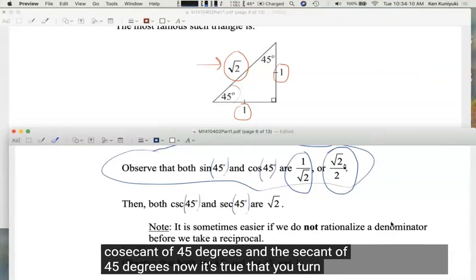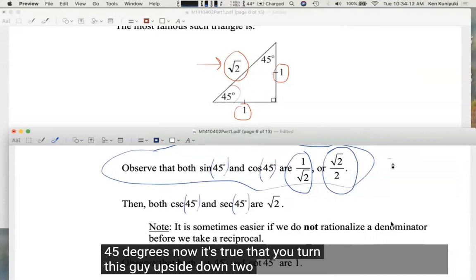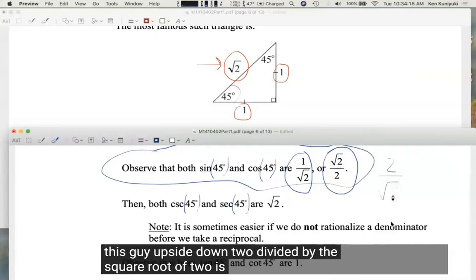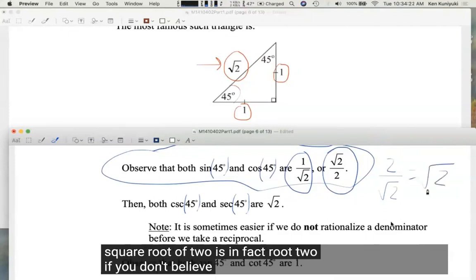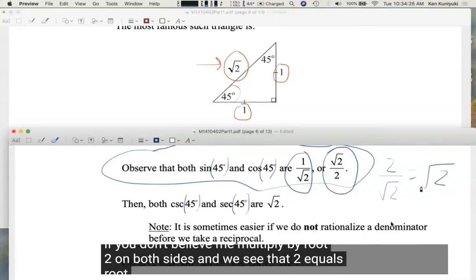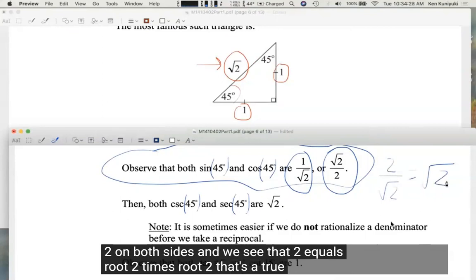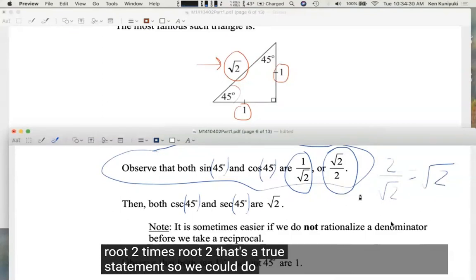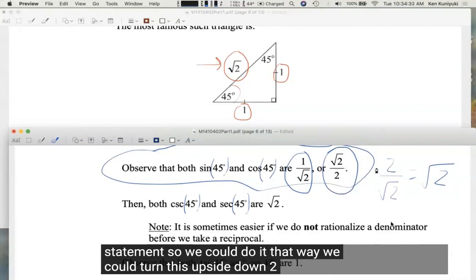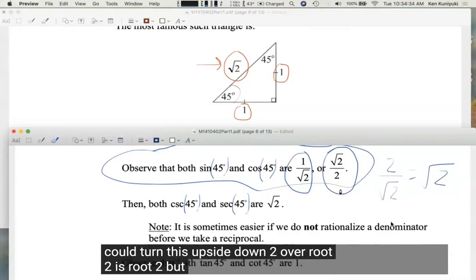Now it's true that if you turn this guy upside down, 2 divided by the square root of 2 is in fact root 2. If you don't believe me, multiply by root 2 on both sides, and we see that 2 equals root 2 times root 2. That's a true statement. So we could do it that way. We could turn this upside down. 2 over root 2 is root 2, but wait a minute.